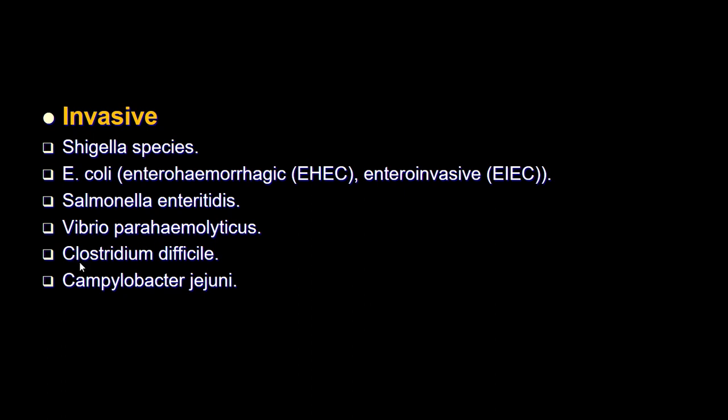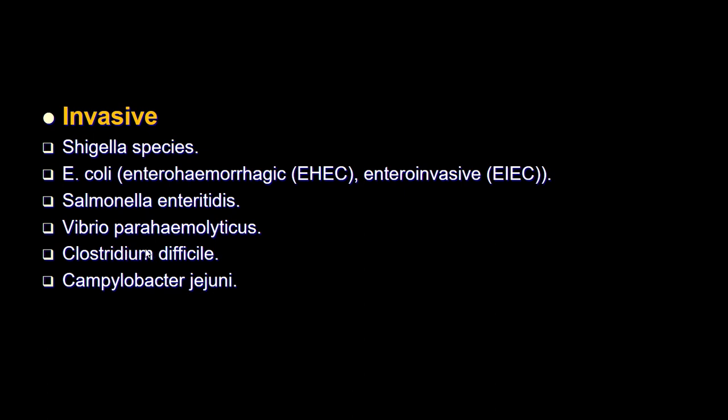The others, like also Clostridium difficile bacteria, and Clostridium difficile causes a problem we call pseudomembranous enterocolitis, and I'm sure you have heard about it here in abuse of antibiotics.